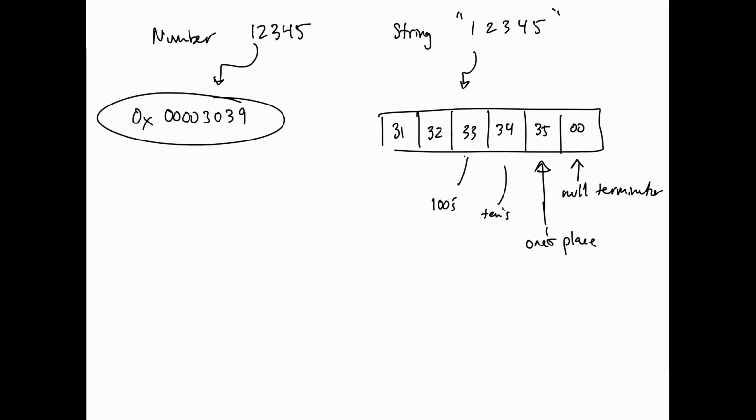Okay, so if I expand the hex form, what I think you're suggesting is that this is really 3 times 16 cubed plus 0 times 16 squared plus 3 times 16 plus 9. Is that what you're suggesting? Good idea, but that's not going to work. The reason is, what is 16 squared, cubed, 16?